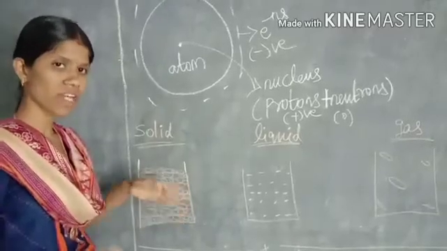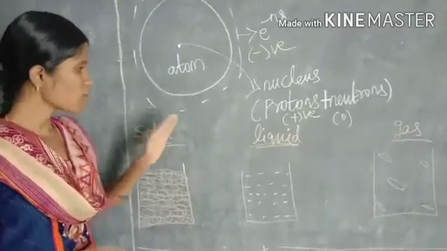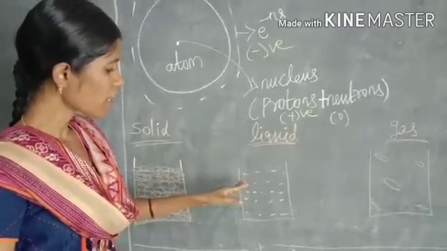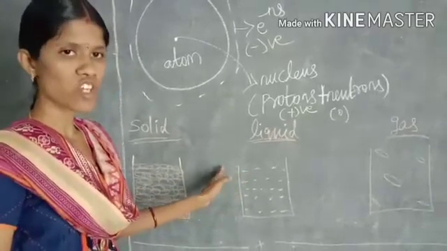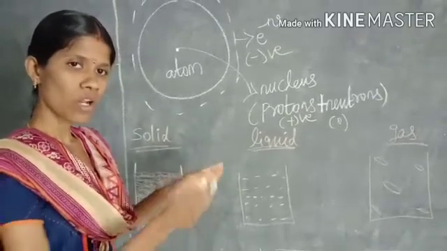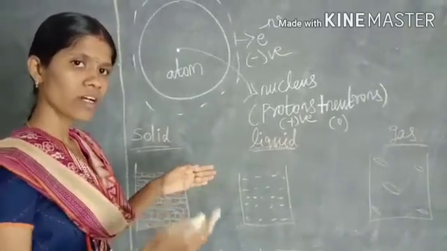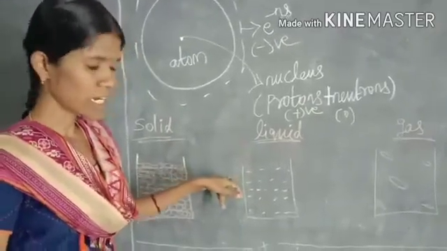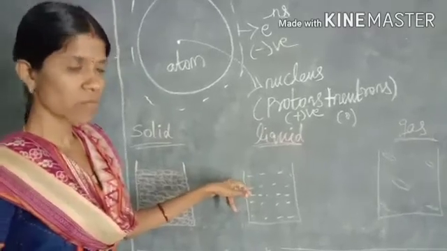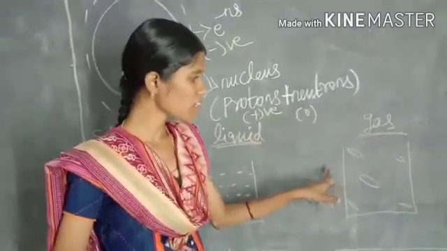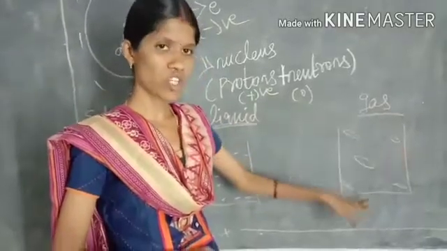Whereas in a liquid the particles are arranged in a slightly random direction. Slightly random means not in a line formation, somewhat scattered here and there. Whereas in the case of a gas the particles are arranged in a random direction.